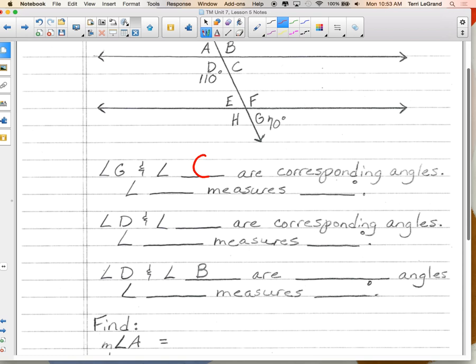So we are trying to find missing angle measurements, so we knew G, so that's why I started there. And then we decided that G and C are corresponding. So since angle G measures 70 degrees, what does angle C have to measure? Angle C has to measure 70 degrees. They are equal.